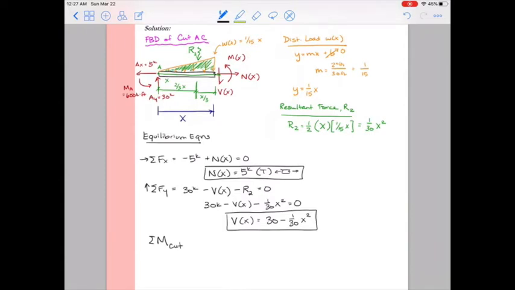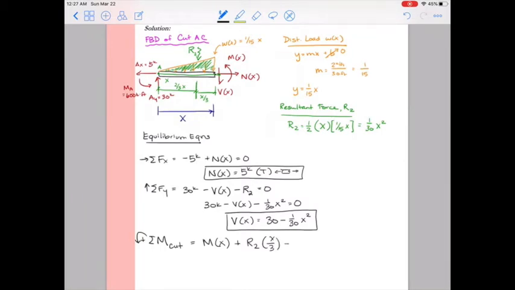All right, lastly, we'll sum moments. I'll do it about the cut to simplify things. That'll get rid of N of x and V of x in our moment equation. It still leaves M of x, which is what we're looking to find. And then if I keep looking at forces, I see that I have a plus R2 times the distance from the cut, x over 3.